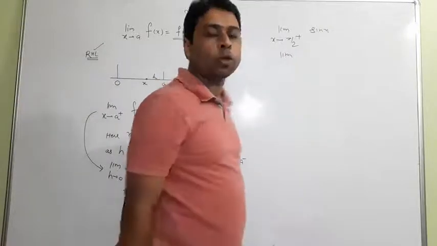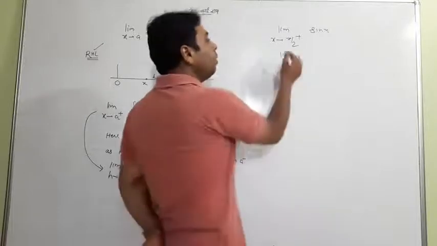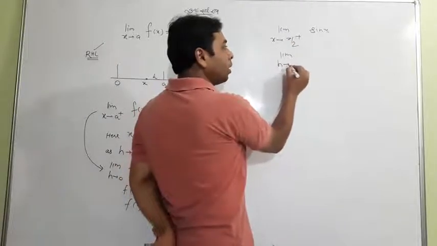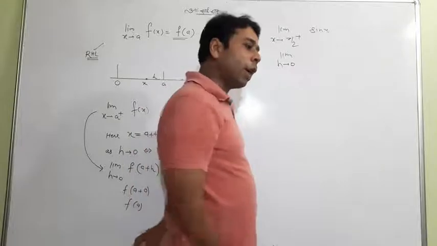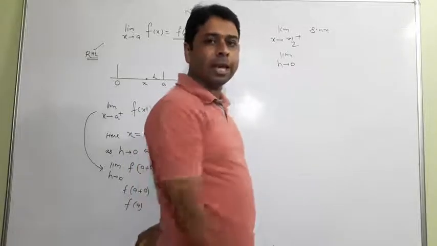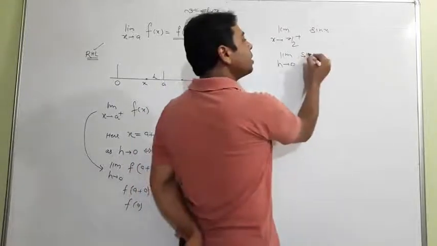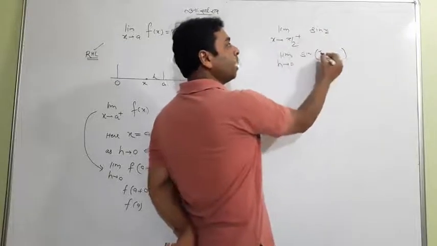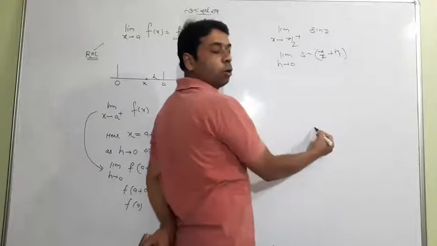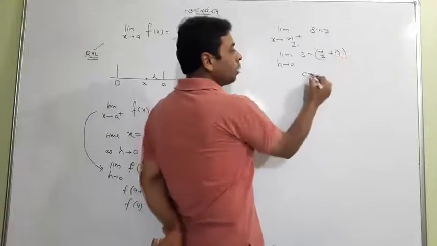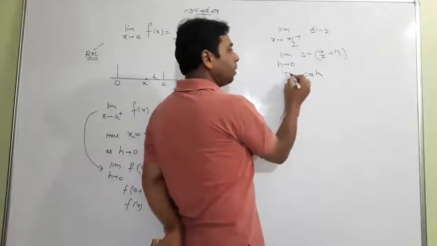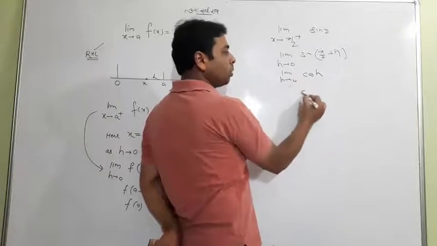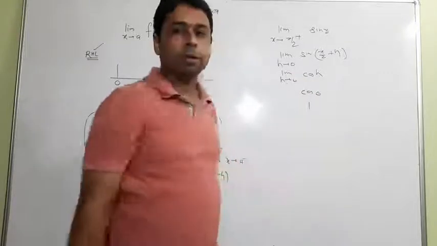Use the shortcut. Write h tends to 0, and instead of x, write pi by 2 plus h. Sin of 90 plus theta is cos theta, and with limit h tends to 0, put h equal to 0, cos 0 is 1. Now this is the answer.